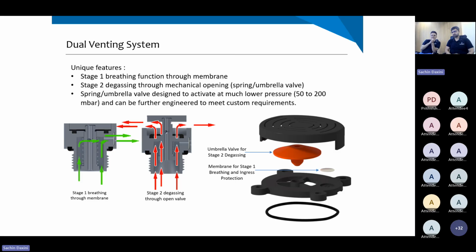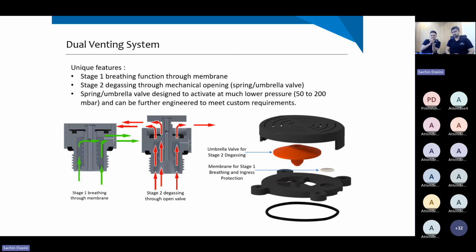And the third is the spring and umbrella valves, which are designed to give the required emergency flow rate.